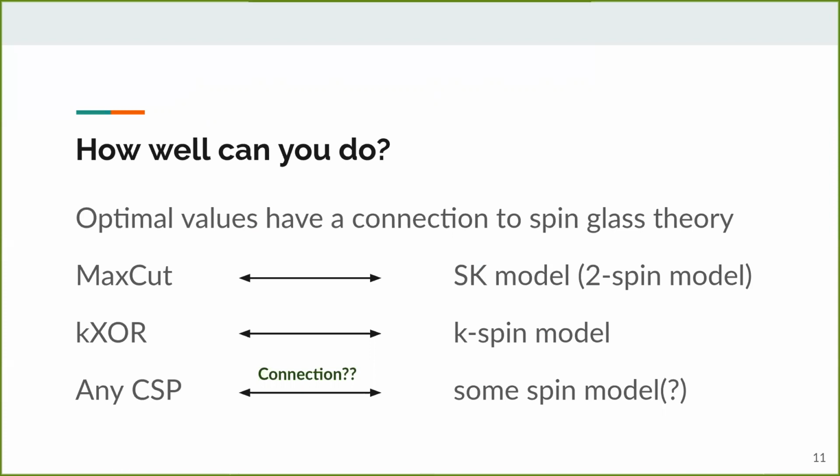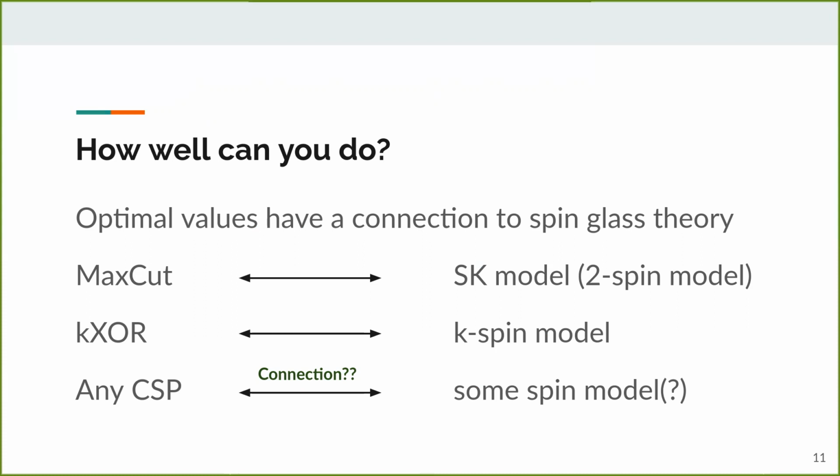For a large, random, sparse graph, the maximum cut is 1/2 plus this p star over square root d, where this p star comes from the Sherrington-Kirkpatrick model, a spin glass model, where p star is a ground state energy density of some physics problem.